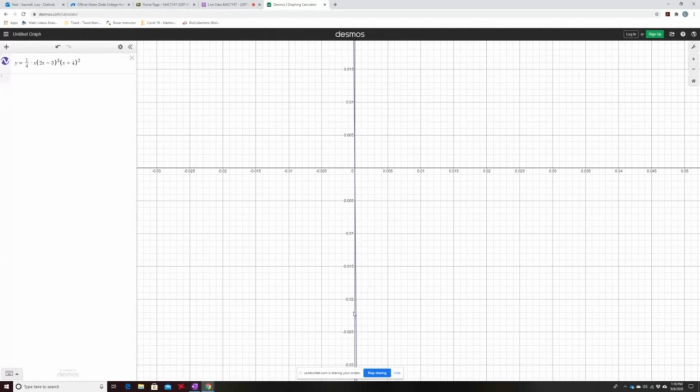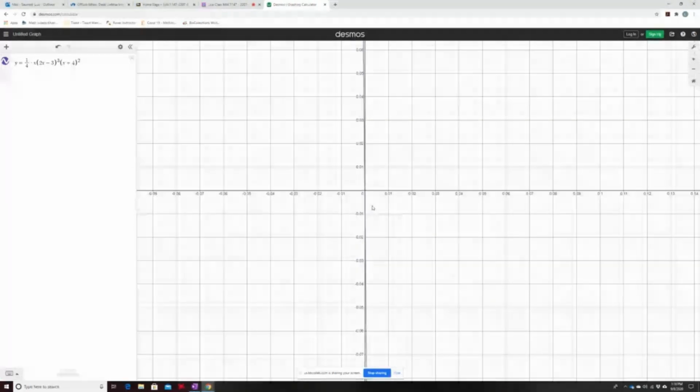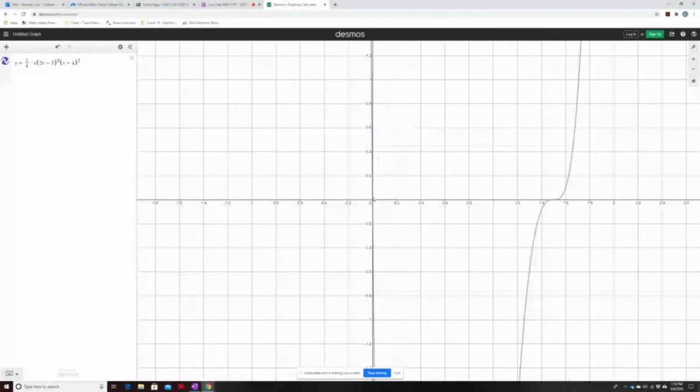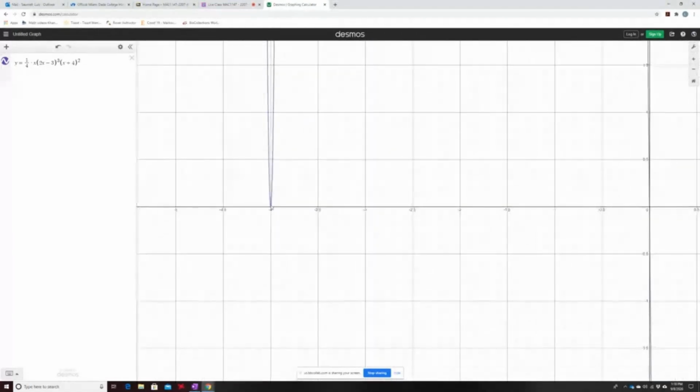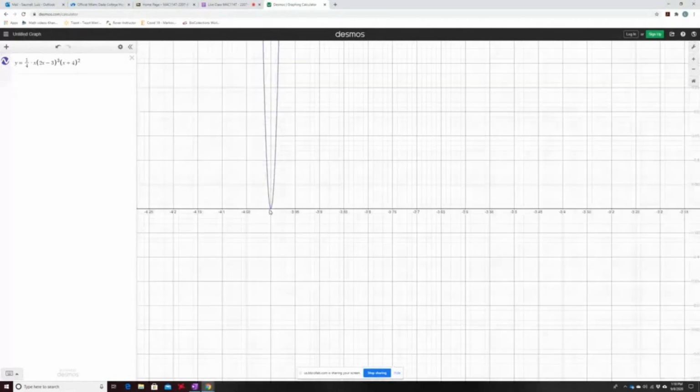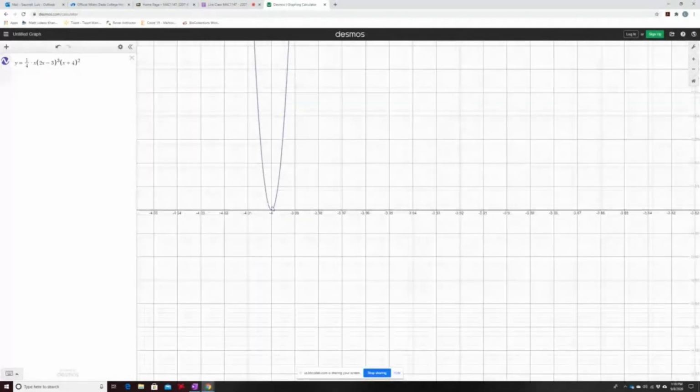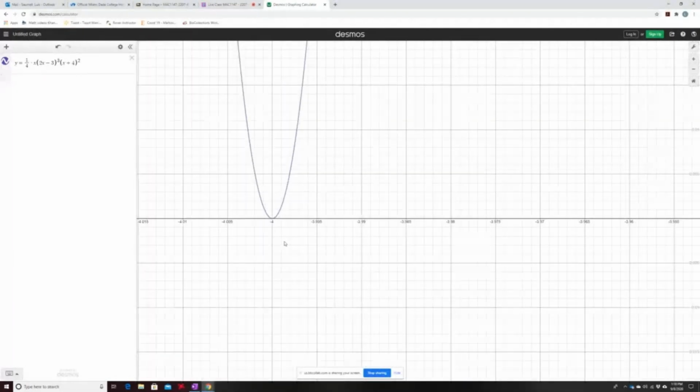It looks like a straight line, really. And then here at -4, remember the multiplicity was 2, and when we get very close to it, you can see how it looks like a parabola.